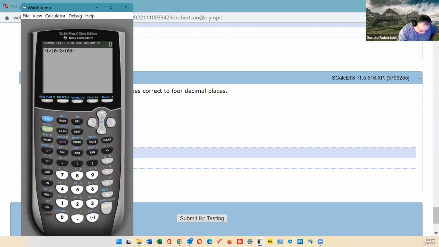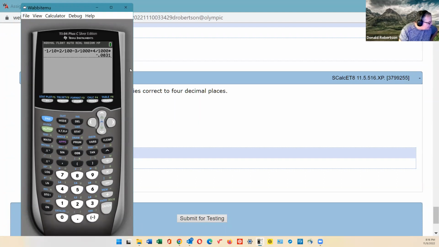Then I'm going to take away 3 over 1,000. Then I'm going to add 4 over 10,000. Have you noticed how small the terms are getting? We've only done 4 terms and we're already at 4 10,000ths. The next one is take away 5 divided by 10, 1, 2, 3, 4, 5. And that's my estimate.